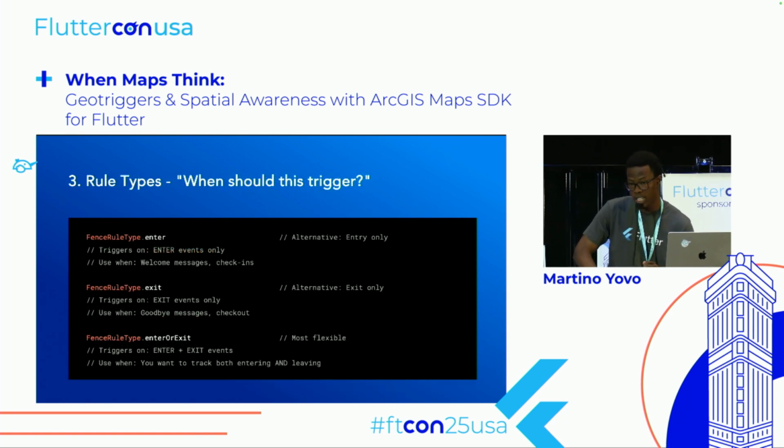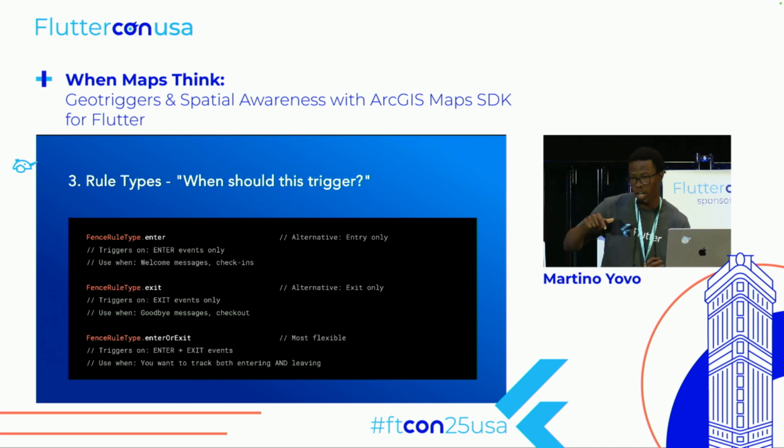And the third point is the rule types. So this will tell the app when to trigger the fence. So here, we have 3 rule types. The first one makes sure the notification triggers when the user enters a zone. So these are all enums, so it's called fence rule type .enter.